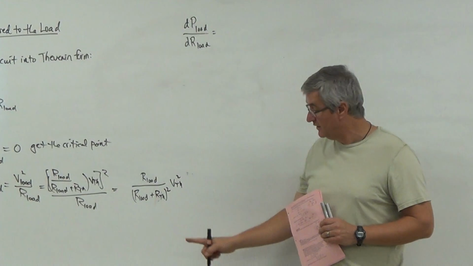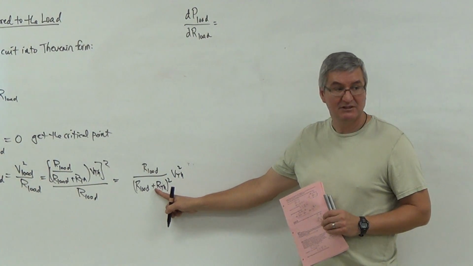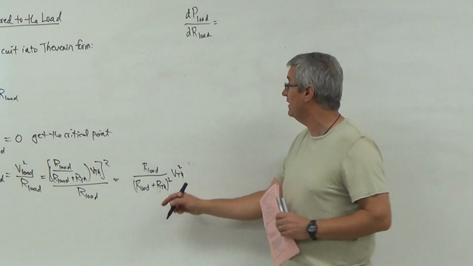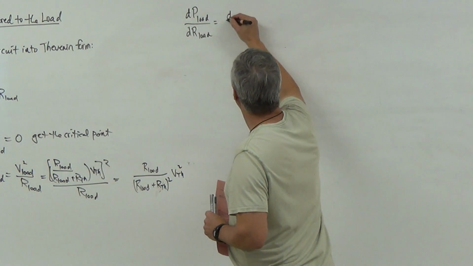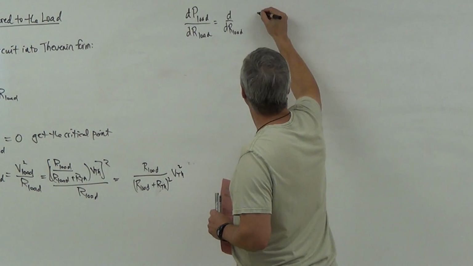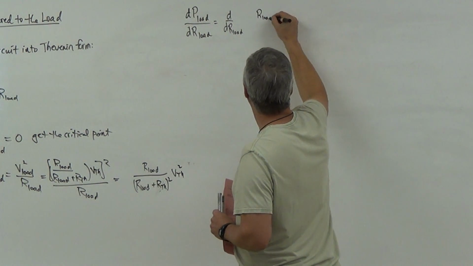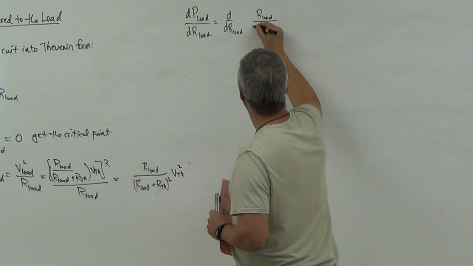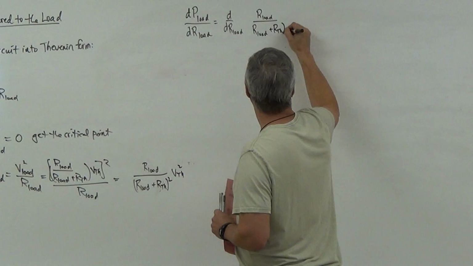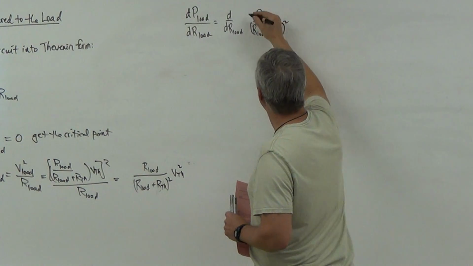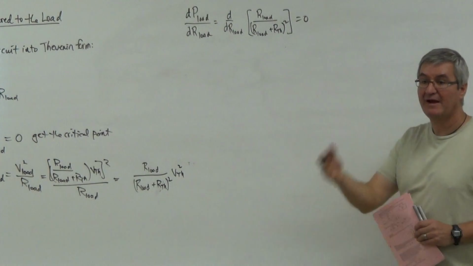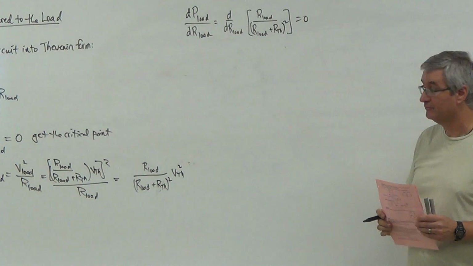The important thing here is that that's a positive sign, so I don't have to worry about the numerator. What I'm really taking is the derivative of R load over R load plus RTH squared. Remember, because this is equal to 0, I can factor out VTH.